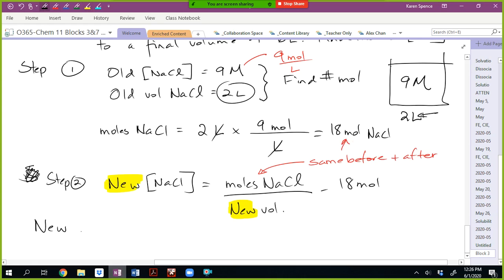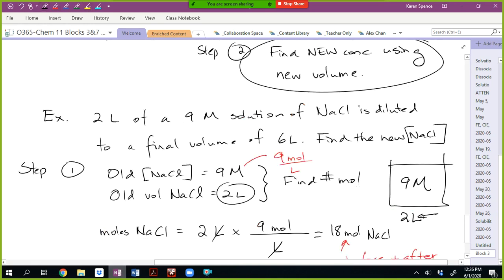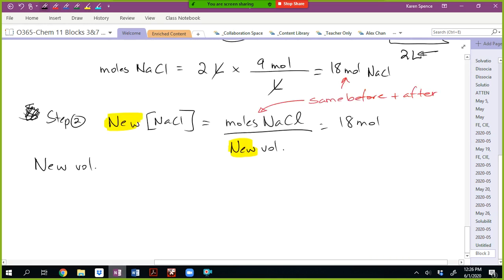That was in 2 liters. But now those same 18 moles are in 6 liters. Excellent. Divided by 6 liters, and we get, nice easy math, 3 molar, or moles per liter.